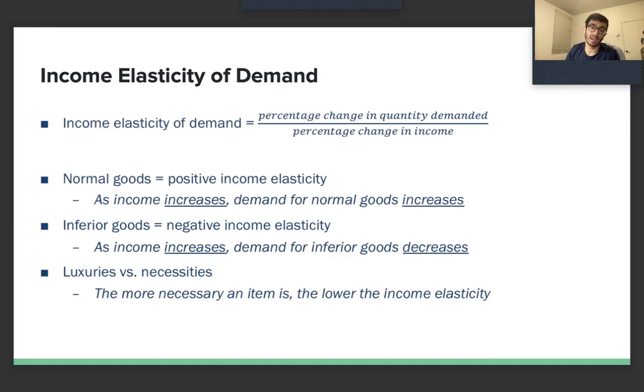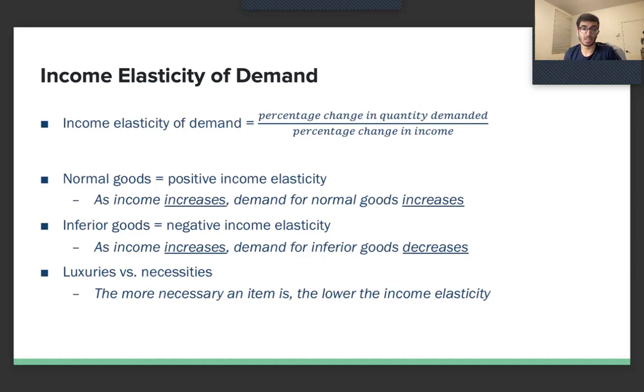We divide the income effect into different types of goods. For normal goods, like most of the goods in the economy, as income increases, we also increase our demand for normal goods. An inferior good, on the other hand, is something for which the income effect works the opposite way.